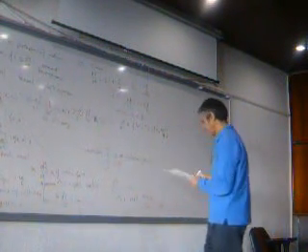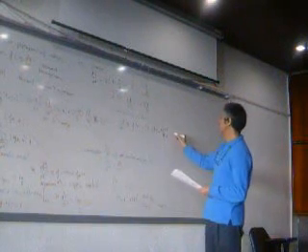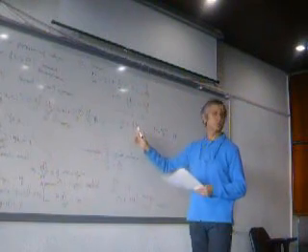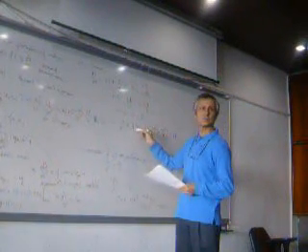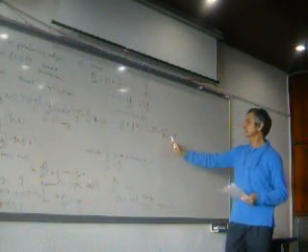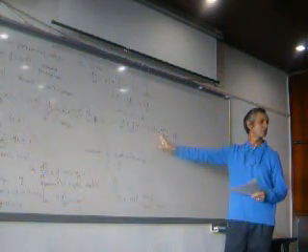Do you get just this? What's the first term? F of 0 is 0 by definition. So you get p times gamma.